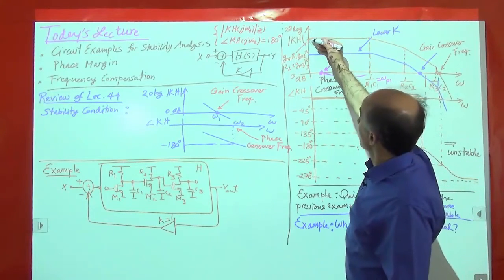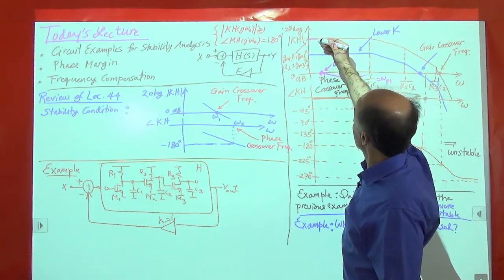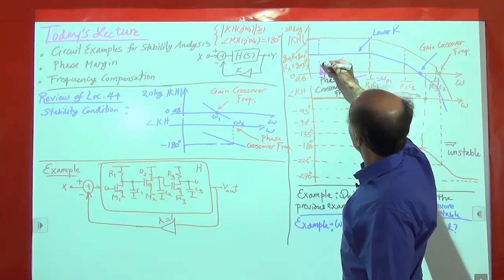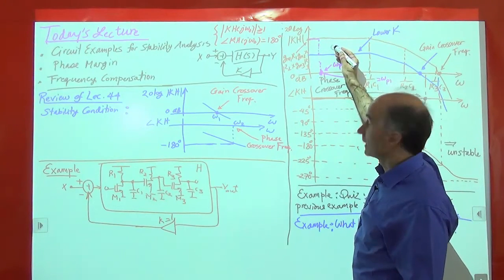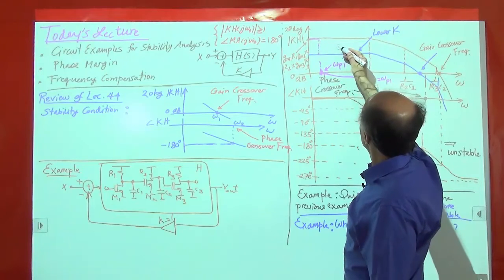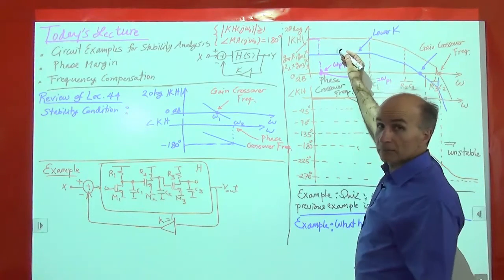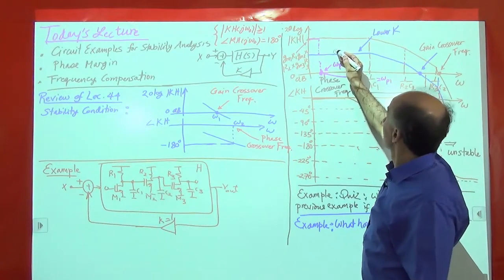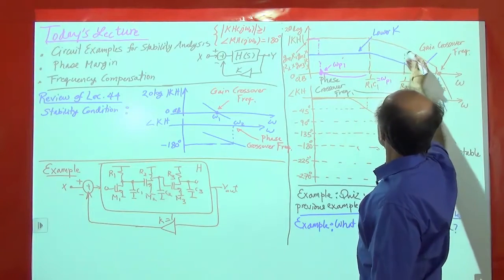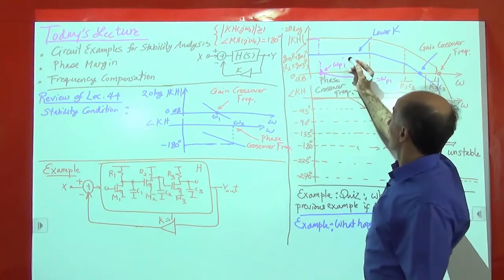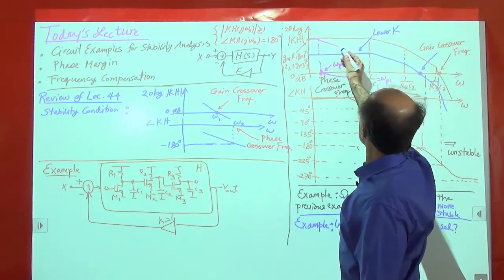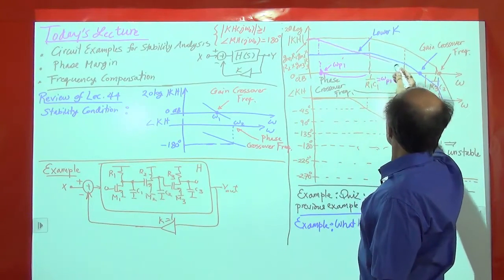Okay, so no problem. We're still over here at low frequencies, and we reach the first pole. We begin to go down, right? Okay. We begin to go down at what slope? At minus 20 dB per decade. So this slope is the same as this slope. So I'm going down in parallel with this. All right, so I go down in parallel with that. Up to where? Up to the second pole.